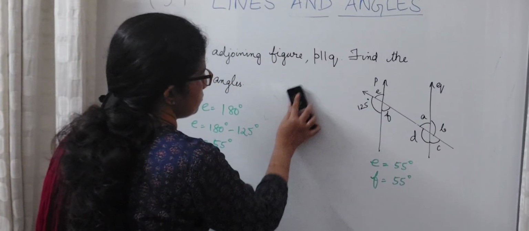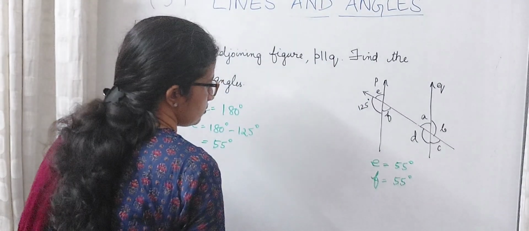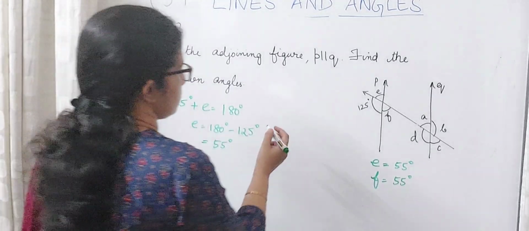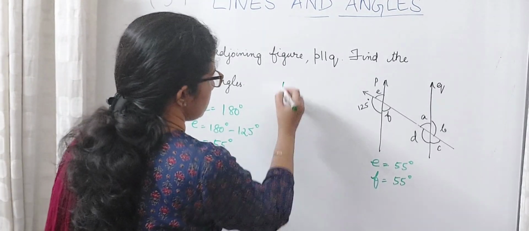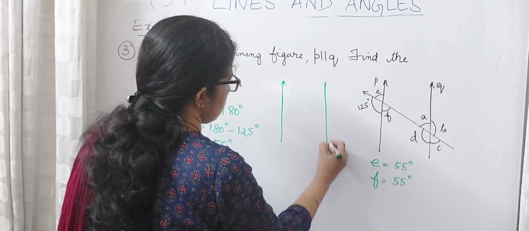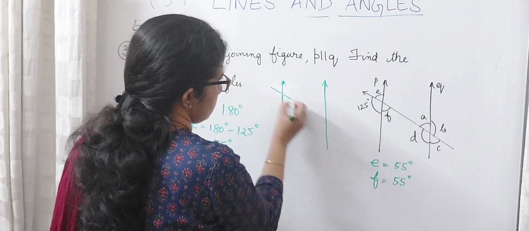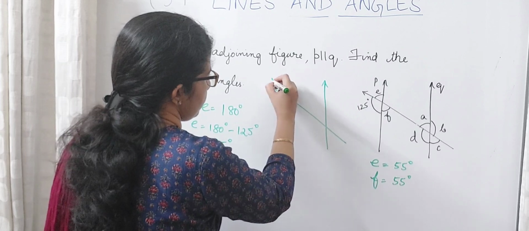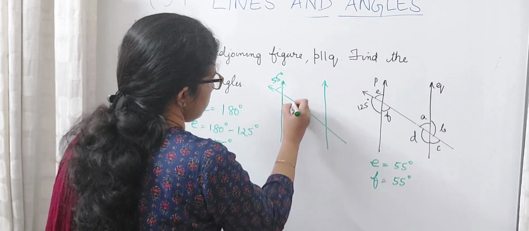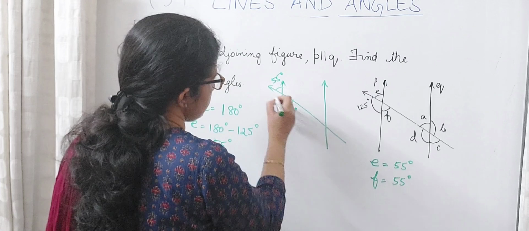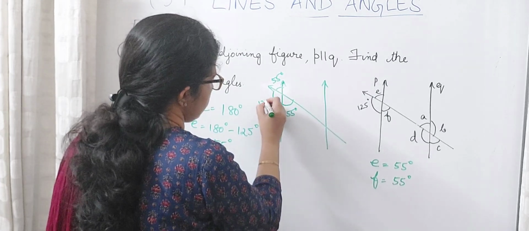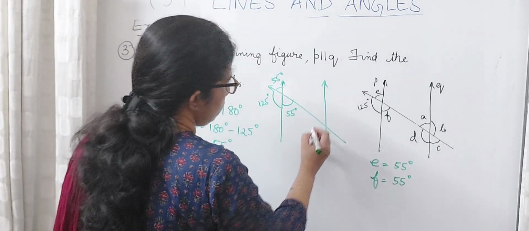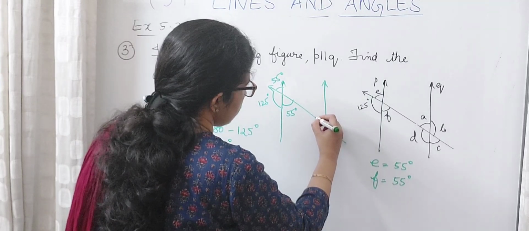Now, this is 55 degrees. This is also 55 degrees. This is 125 degrees. Now, what is this one?